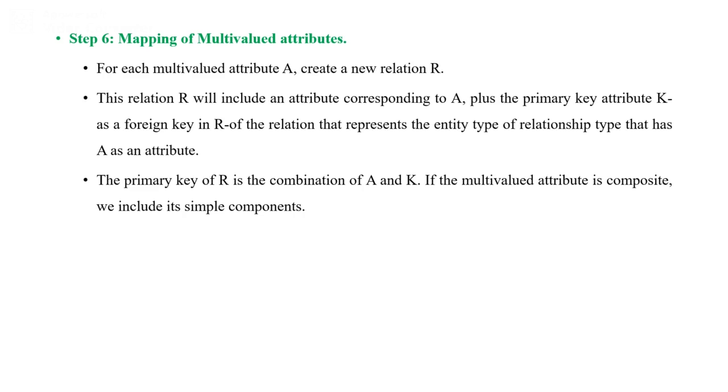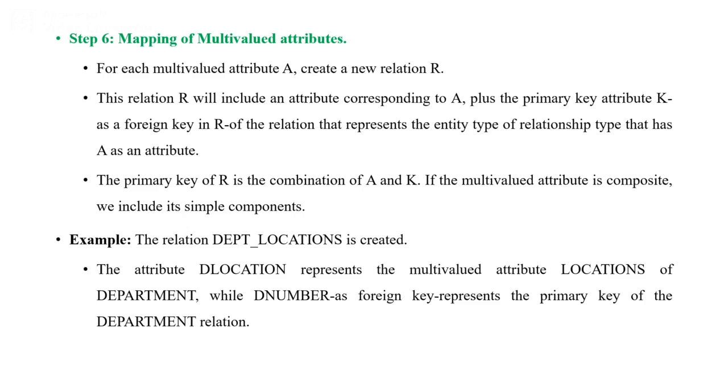If the multi-valued attribute is composite, we include its simple components. For example, the relation department location is created. So in this relation, the attribute department location represents the multi-valued attribute, the locations of the department, while department number is the foreign key, which will represent the primary key of the department relation.